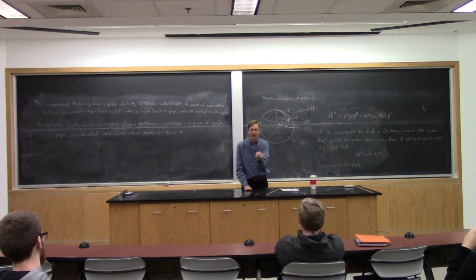To an awfully good approximation in that little area, dl squared is dx squared plus dy squared. So I can't do it for the whole sphere, but what I can do is paste lots and lots of little local Cartesian coordinate systems from little torn up pieces of graph paper over the surface of the sphere. Okay, does that make sense?